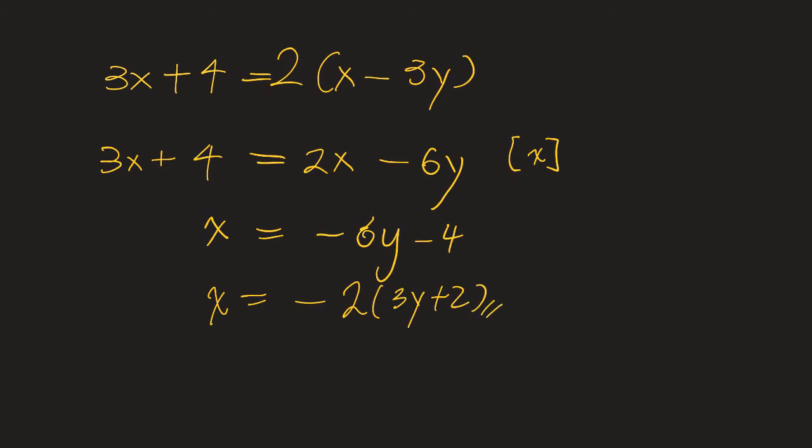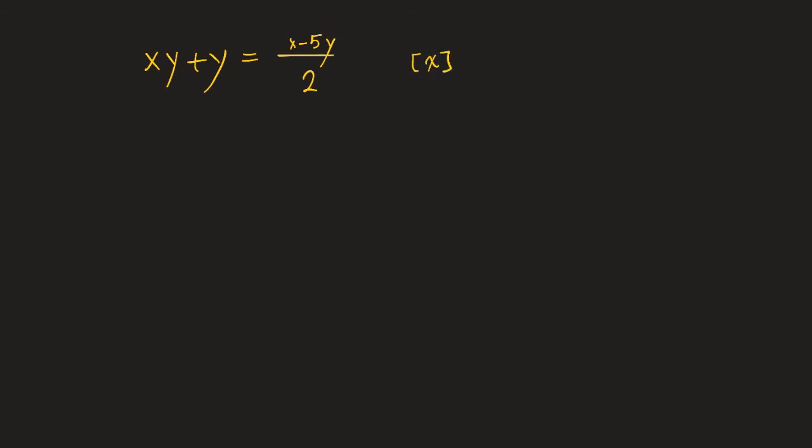Okay, and then sometimes it involves a fraction, so I'm going to tell you a quicker way to deal with it, and this time you are still going to make x to be your subject. So this time you have to have the 2 to another side.